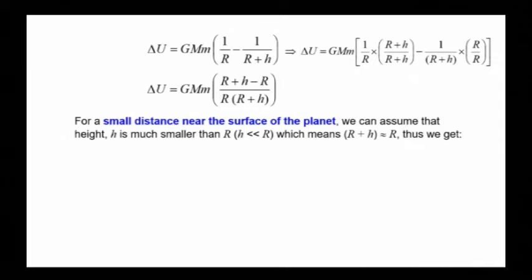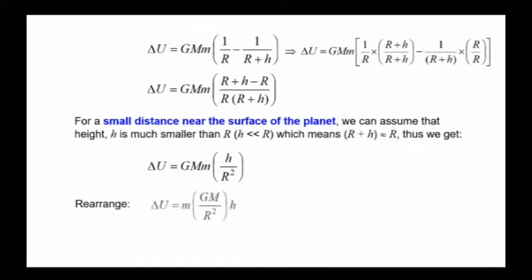For a small distance near the surface of the planet, we can assume that height h is much smaller than the radius of the planet, which means that the sum of the radius of the planet and the height of the object almost equals the radius of the planet. Hence, the change of gravitational potential energy equals the product of gravitational constant, mass of the massive object, mass of the test mass, and height of the object divided by the square of the radius of the planet.